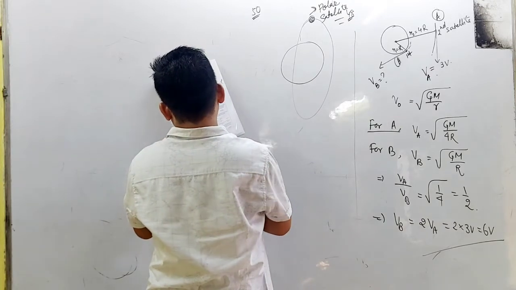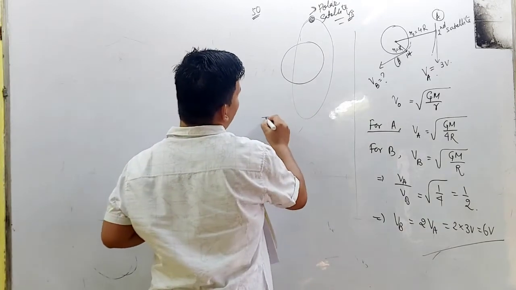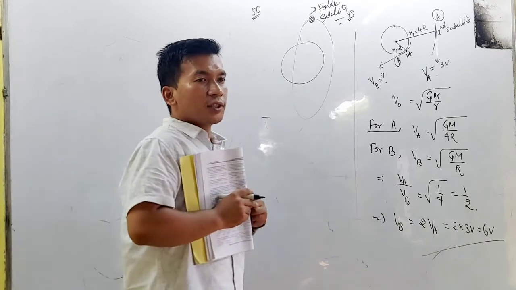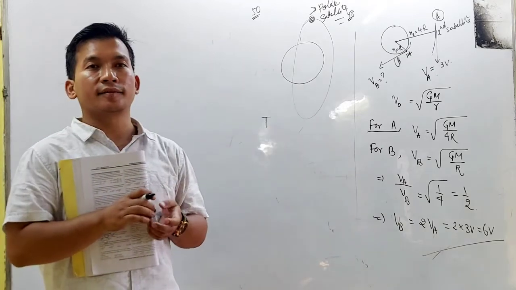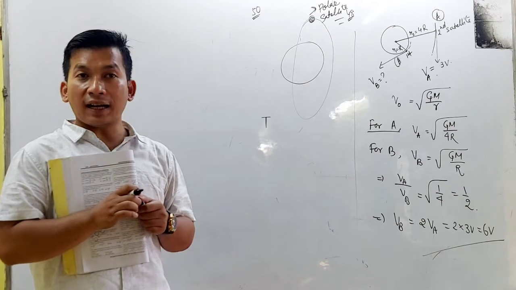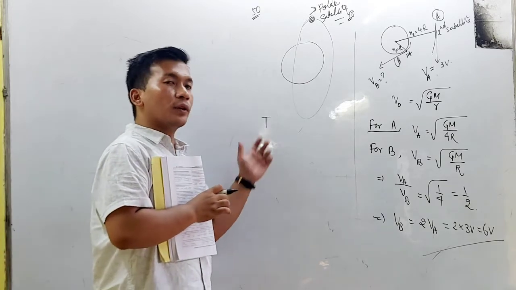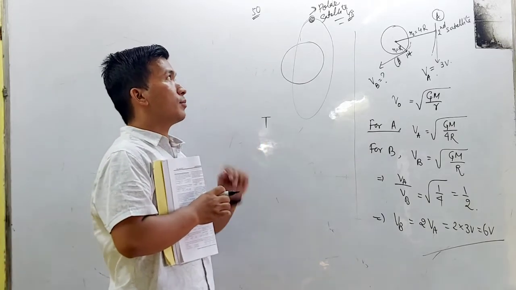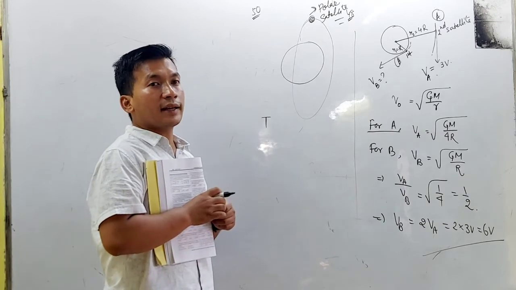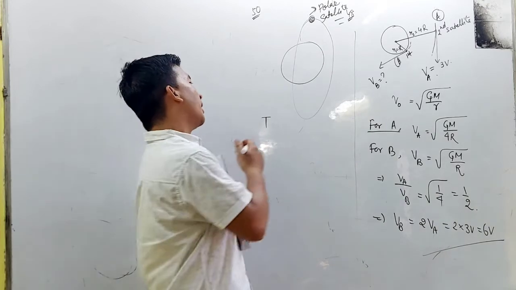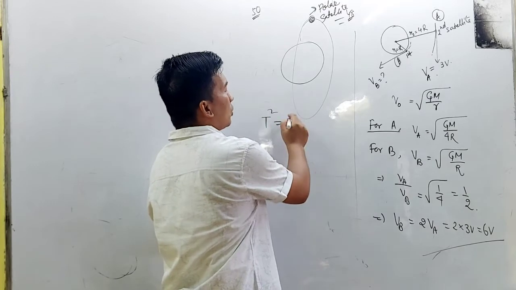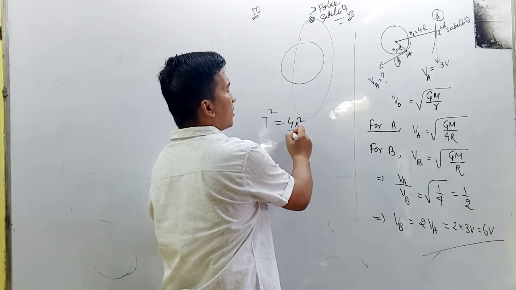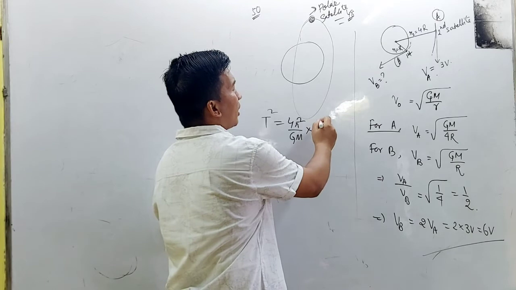What will be the time period for a polar satellite or a geostationary satellite? It is 24 hours for geostationary. The time period formula is T equals 2 pi... 4 pi square divided by G M into radius cube.